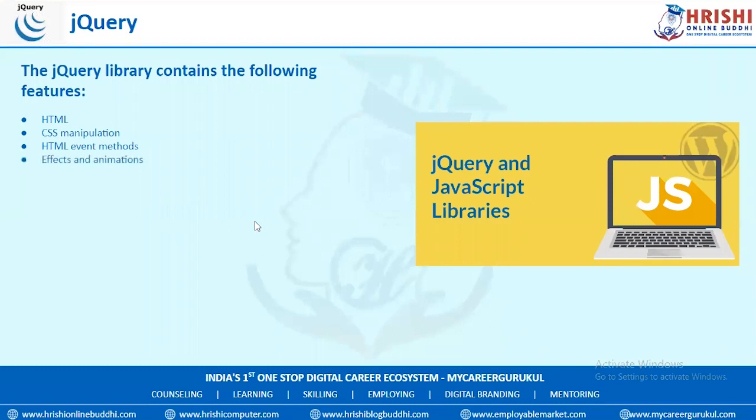Then effects and animation, which we have studied in the CSS part. Ajax and utility we have not studied, but it is a feature of the jQuery library. So it all contains the HTML code which we write in multiple lines to display one particular paragraph or one particular section inside a web page. That is all made easier with the help of the jQuery library.